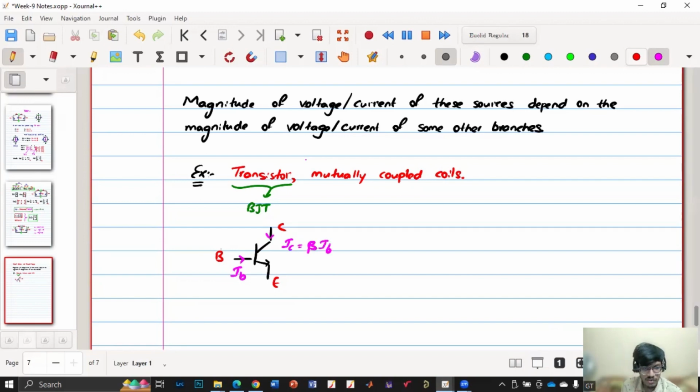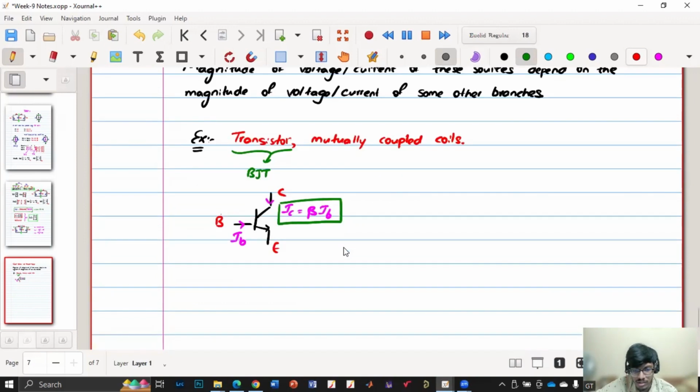Beta is fixed for a transistor. So the collector current is a function of the base current, and IC is a dependent source on this current. If you know BJT, you'll be able to understand. Else, also it is fine, but it is a practical example.